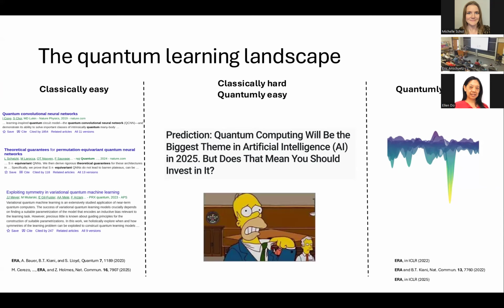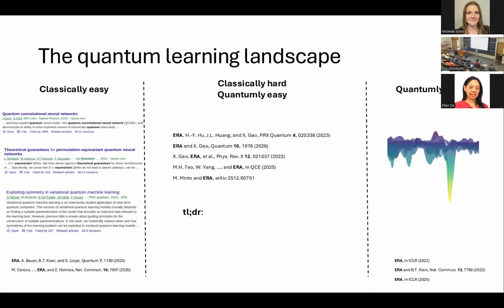But there are some positives that come out of this. The moral of the story, unfortunately, again, I don't have time to get into the details, is that because of these results, we should only expect advantages in quantum learning that are polynomial in the system size. So nothing very large, like exponential.